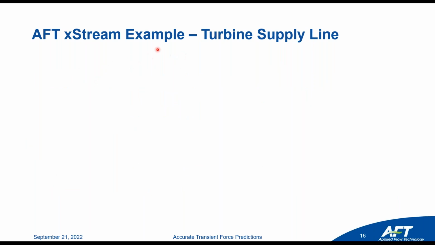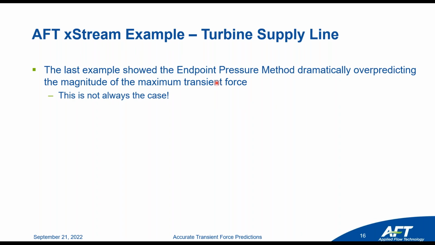Okay, so an AFT XStream example, I'm going to talk about now this turbine supply line. So the turbine supply line is, you have some steam power plant, steam turbine, something really, it doesn't matter if it's a turbine or not.